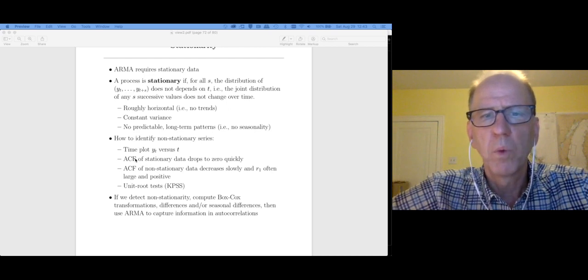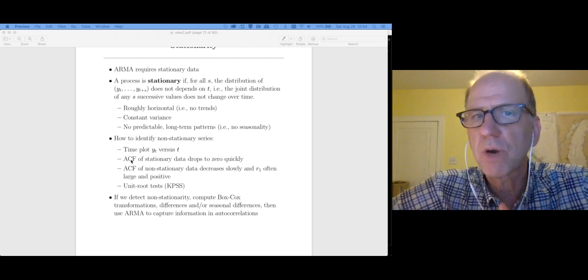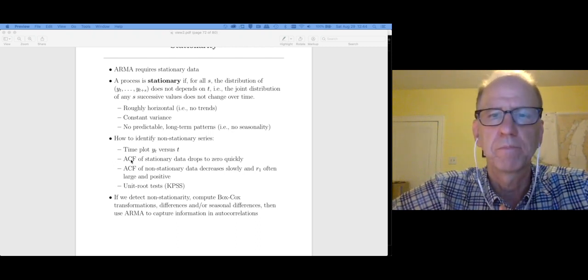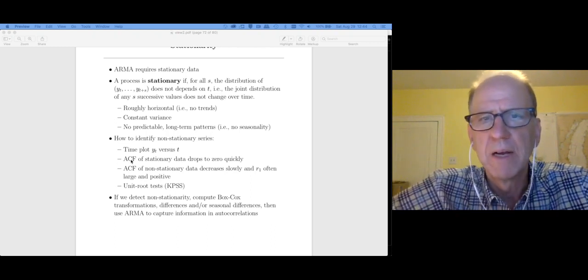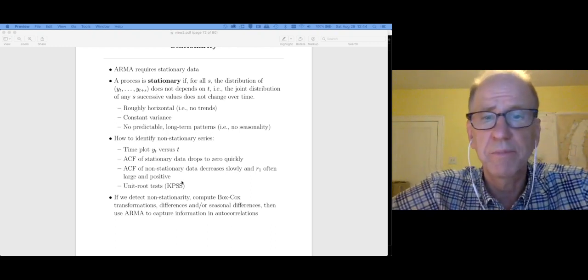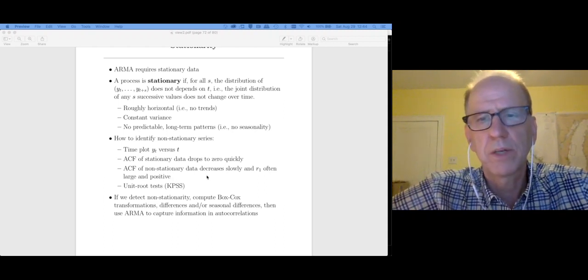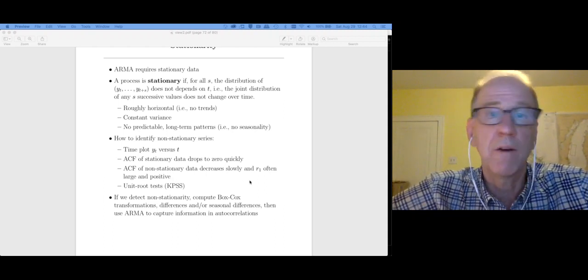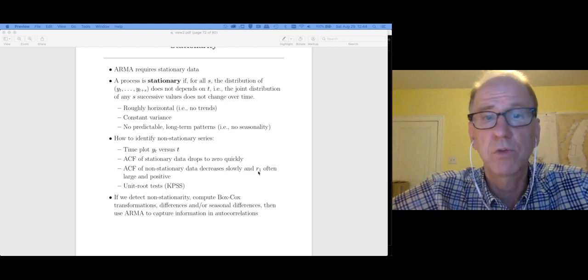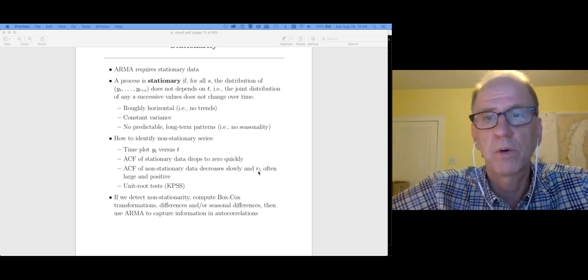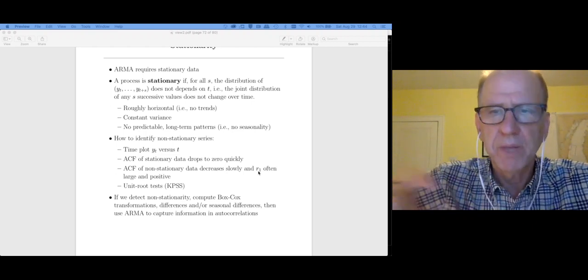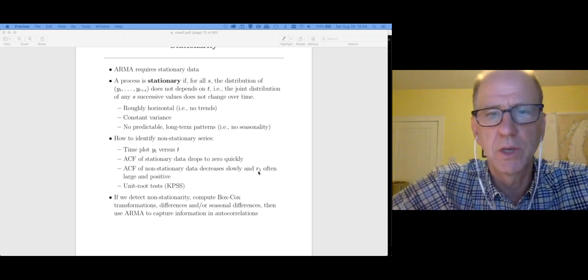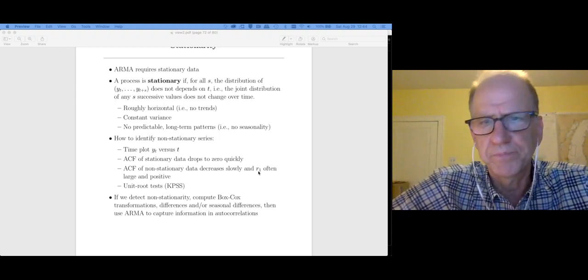Whenever we have stationary data, the ACF tends to drop off pretty quickly. Not immediately, but fairly quickly. When you have non-stationary data, the autocorrelation decreases slowly, and often you have a very strong first autocorrelation value. So r1, the correlation between adjacent pairs of observations, would typically be large and positive.